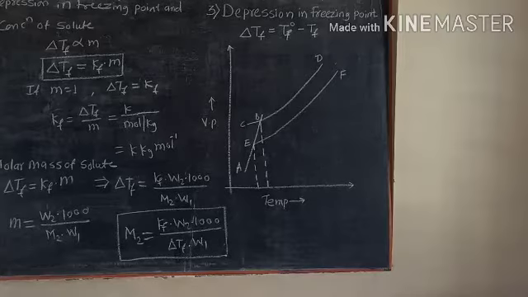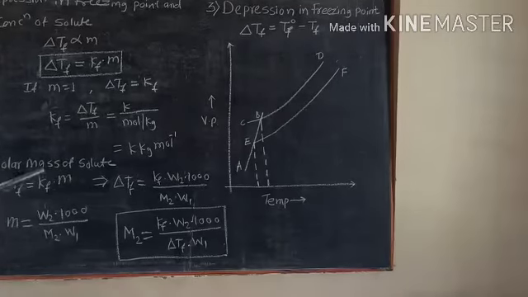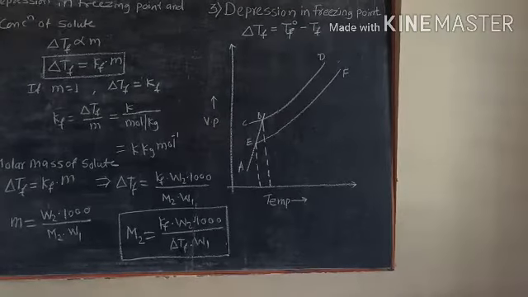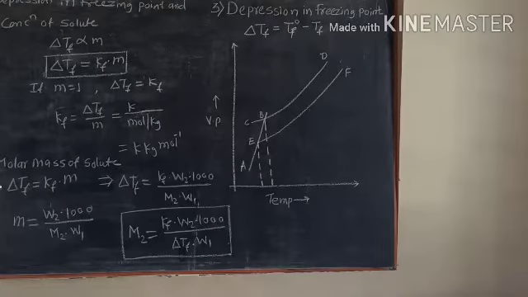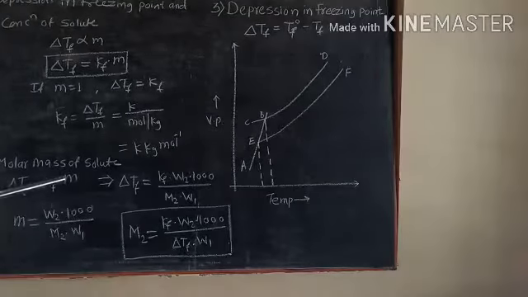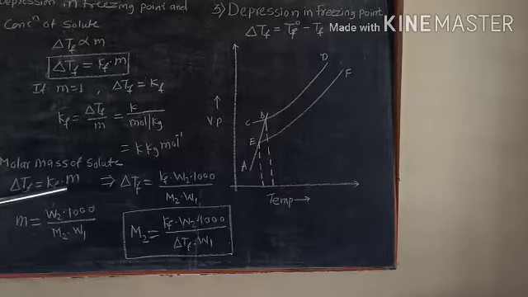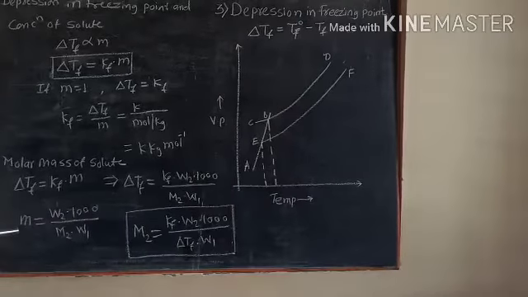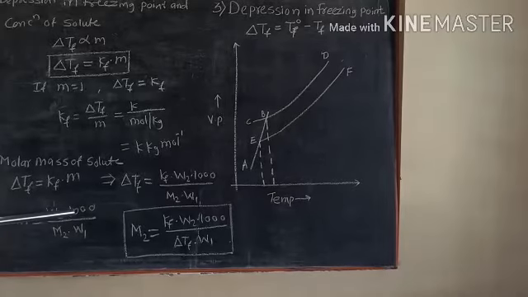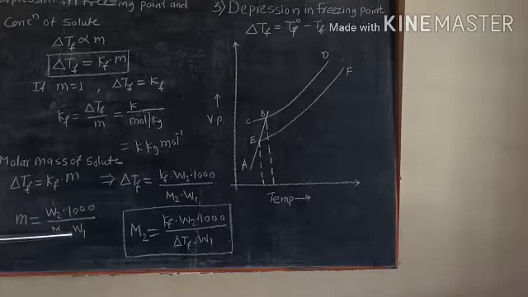The next point is the molar mass of solute by using the depression in freezing point. We know that delta Tf is equal to Kf into m. m is the molality of the solution, and the formula for m is W2 into 1000 divided by M2 into W1.